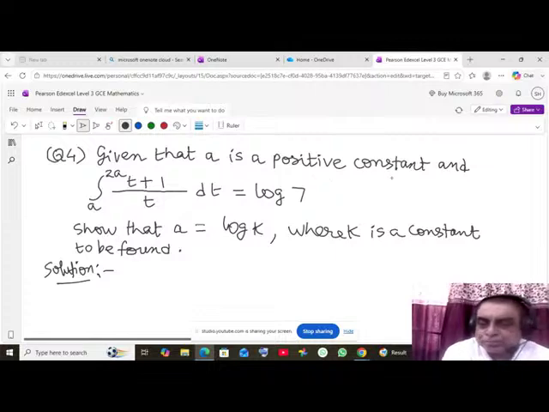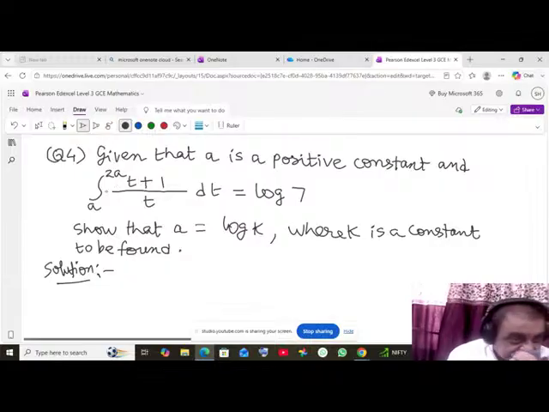given that a is a positive constant, there is a definite integral given. The lower limit of this definite integral is a, and the upper limit is 2a. The definite integral from a to 2a of (t plus 1) divided by t dt is log 7, and a is a positive constant.